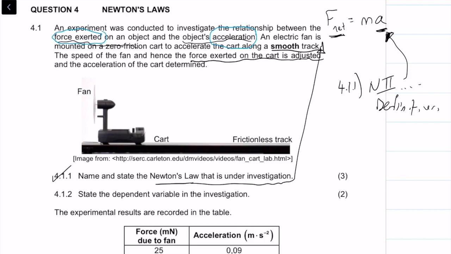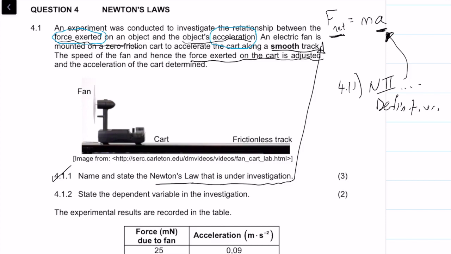Okay, so state the dependent variable in the investigation. The dependent variable is the variable that is under investigation.